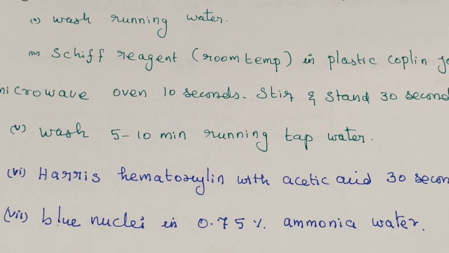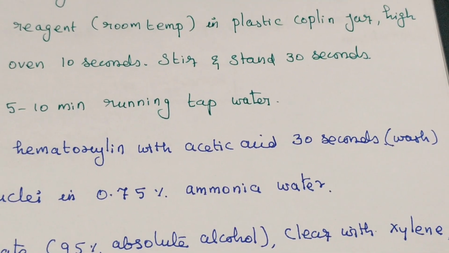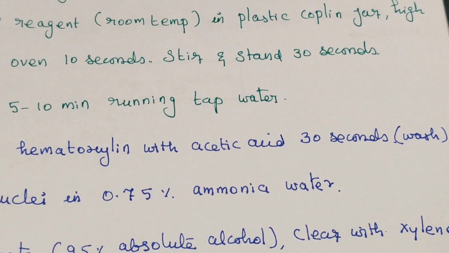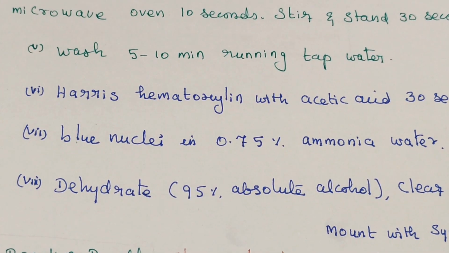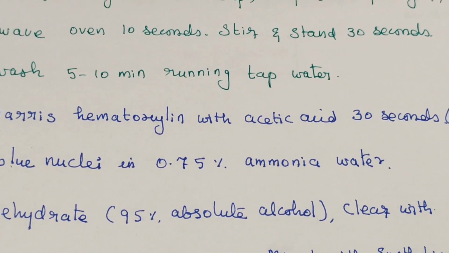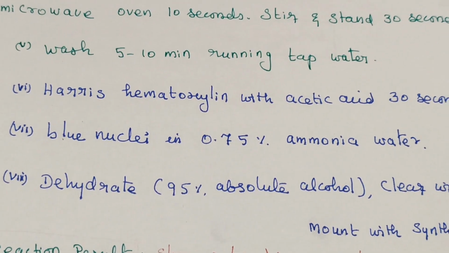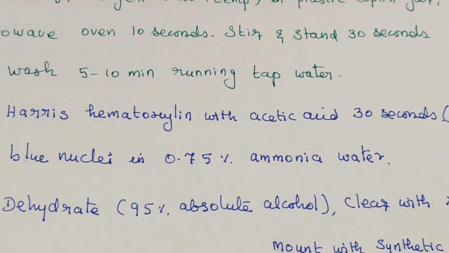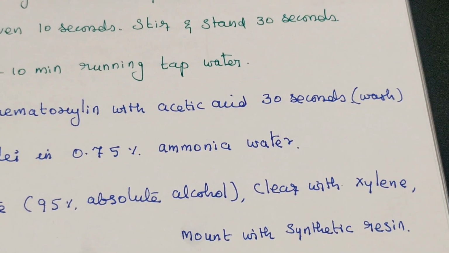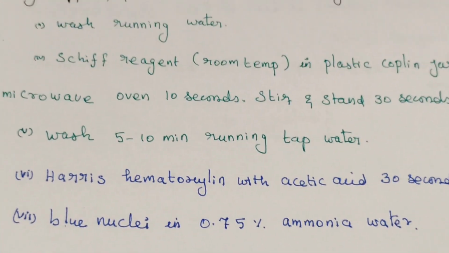After that, as counterstain we will add Harris hematoxylin with acetic acid for 30 seconds. After that we wash with running water. Then blue the nuclei in 0.75 percentage ammonia water. Then dehydrate in 95 percentage and absolute alcohol. Clear with xylene. Mount with synthetic resin.